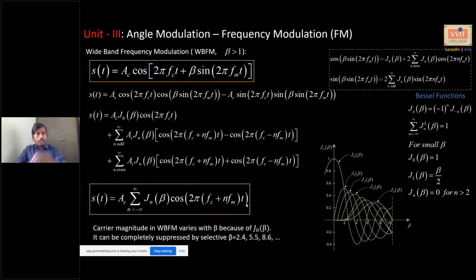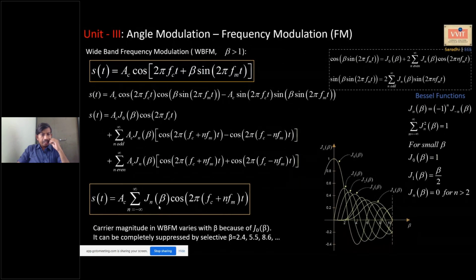Now we have the carrier. While studying AM, we understood that the carrier doesn't convey any information and is simply wasting power. So we are always looking to suppress this carrier. In wideband FM also we can suppress the carrier by properly choosing the beta value.